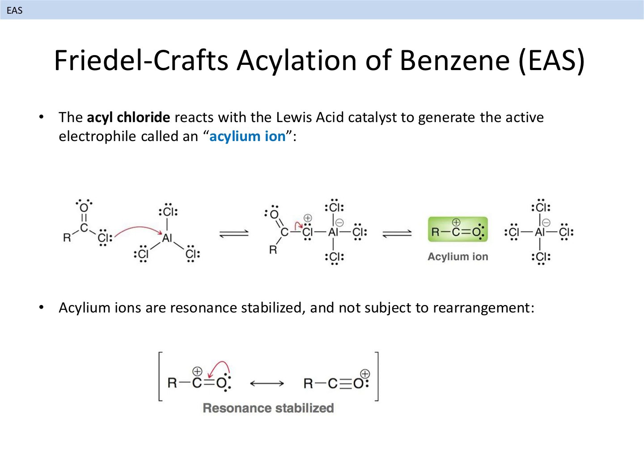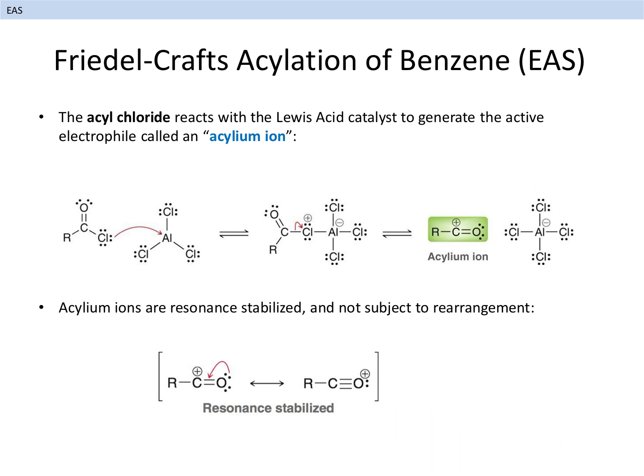This departure of the chloride ion from the acyl chloride leads to the formation of an acylium ion, which is a positively charged species. This acylium ion is stabilized by resonance, where the positive charge can be delocalized over the carbon and oxygen atoms. The chloride ion that was released then forms a complex with the aluminum chloride, generating aluminum tetrachloride anion.